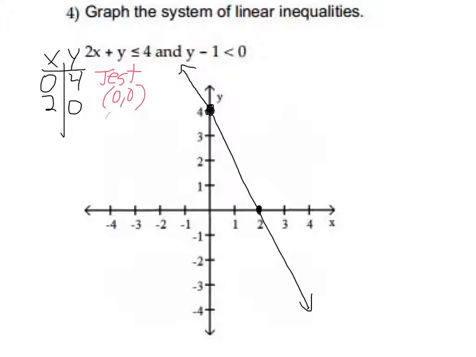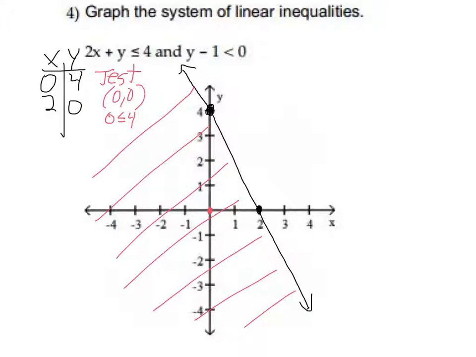In this case, it gives me 0 less than or equal to 4. This is either true or false. So now I'm testing this spot right here. In this case, 0 is less than 4. So this point, 0, 0, is part of the shaded answer. So therefore, below this line is shaded.